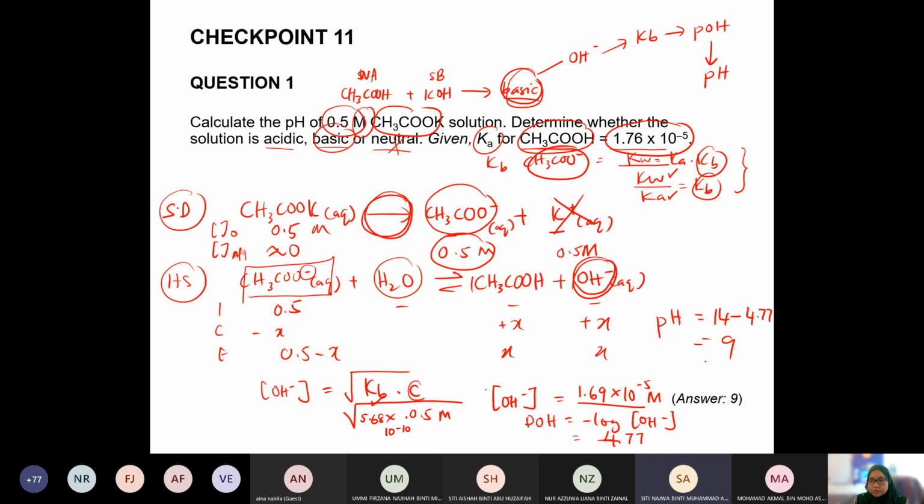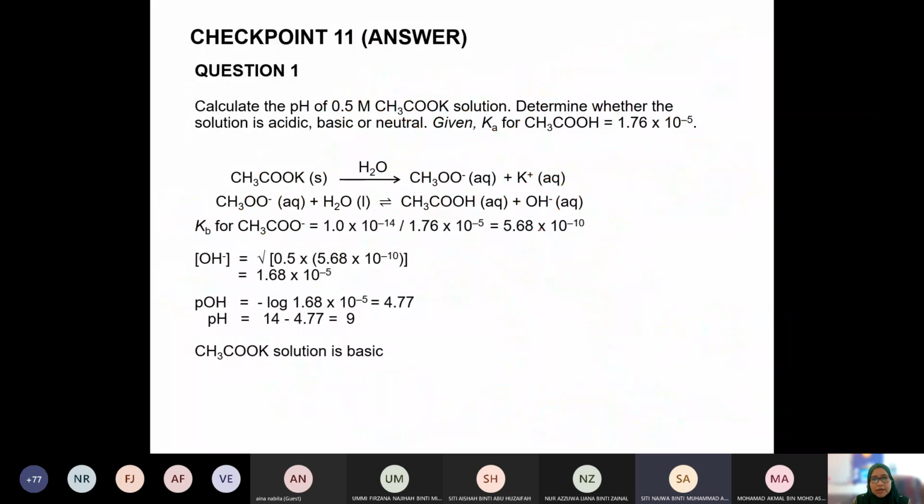Okay, what is that, 9 point something? Right, so this is roughly the steps that need to be taken in order to solve this type of problem involving salt hydrolysis. So this is the answer scheme. We have the salt dissociation, salt hydrolysis.